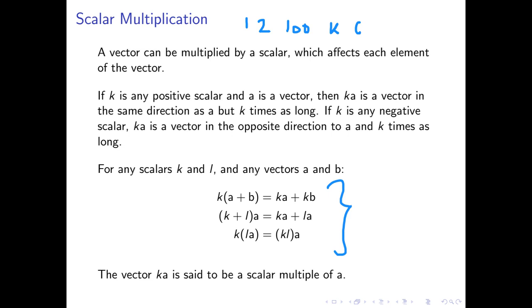You can see the effect of multiplying the vectors by a scalar. What happens eventually is K multiplies A and K multiplies B. The direction will be the same. However, each of the vectors will be K times longer.